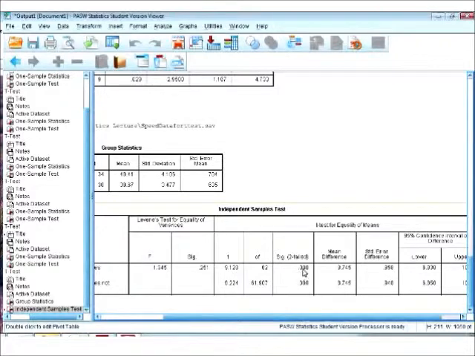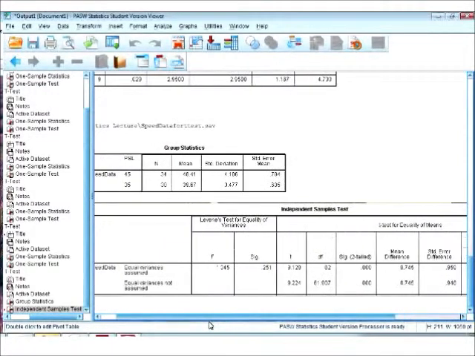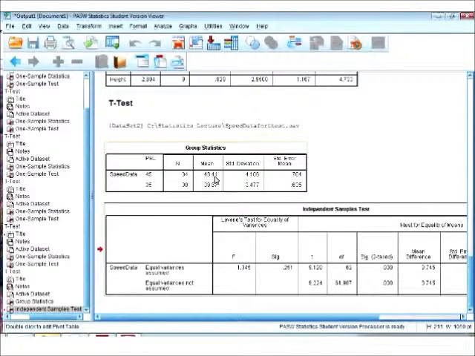How did we interpret the results? This p-value is less than our significance level of 0.05. Our assumption was that the mean speed of the vehicles collected on the 45 mile per hour roadway and the mean speed of the vehicles collected on the 35 mile per hour roadway are equal.